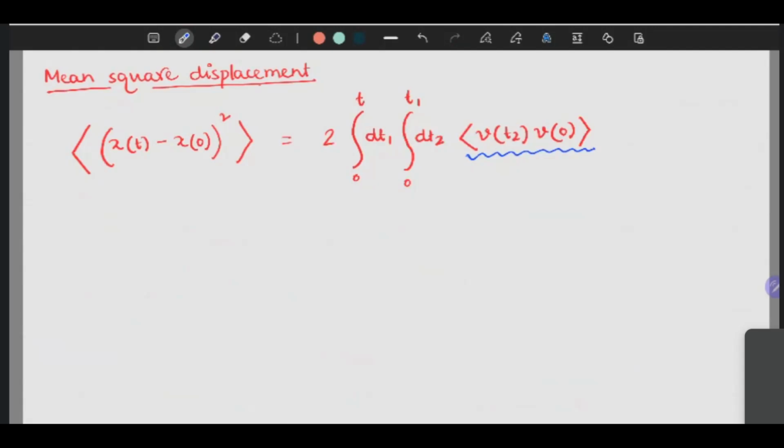So we can easily calculate the whole thing.